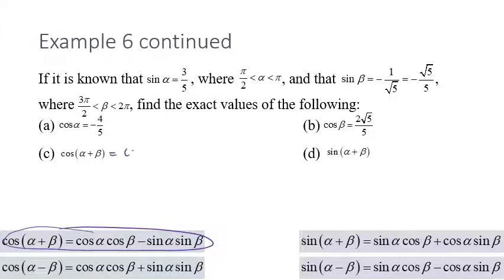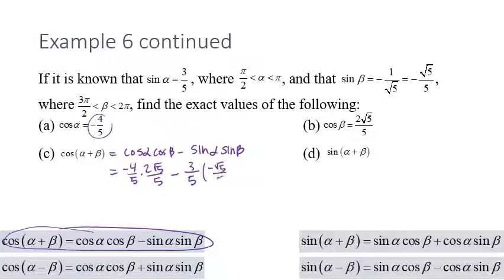So that equals the cosine of alpha, cosine of beta, minus the sine of alpha, sine of beta. So the cosine of alpha is negative 4/5. Cosine of beta is 2 root 5 over 5. Sine of alpha is 3 over 5. Sine of beta is negative root 5 over 5.